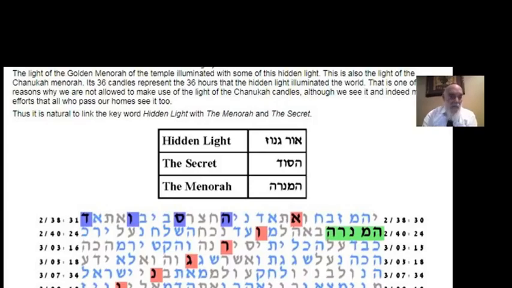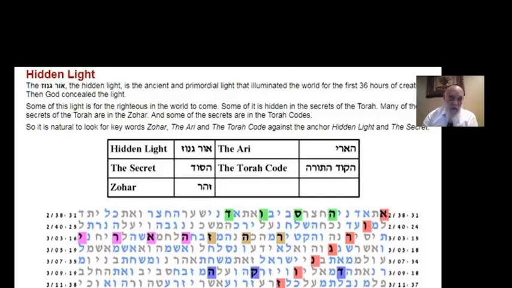Now, more comes out in this table. You can see also the hidden light and the secrets of the Torah, but also the Zohar, the Kabbalah, which is hidden, and also the commentator of the Zohar, which is the Ari.